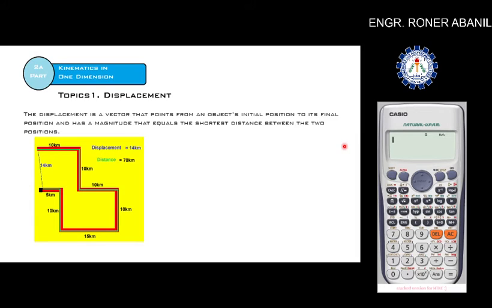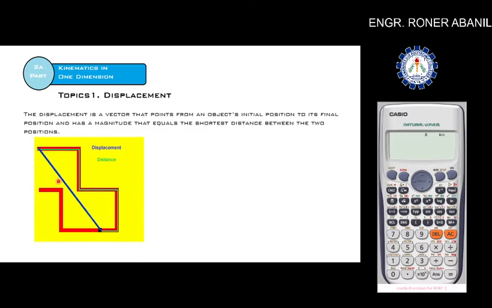So we turn now to the first of the kinematics concepts to be discussed. Okay? So the definition of displacement: displacement is a vector that points from an object's initial position to its final position and has a magnitude that equals the shortest distance between the two positions.